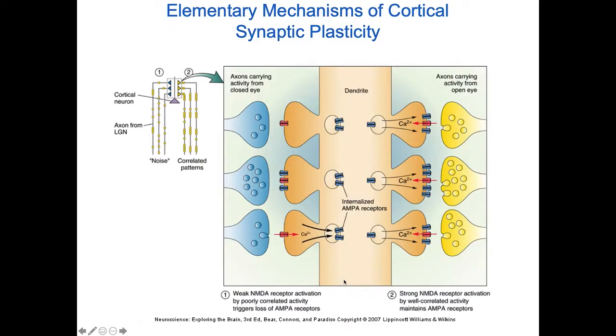So how does this occur? The idea basically is that when you have weakly correlated activity, then the connections between the dendrite here and the presynaptic neuron here, where the axon is releasing the synaptic vesicles, if they aren't correlated together, then the AMPA receptors end up getting internalized and taken in.